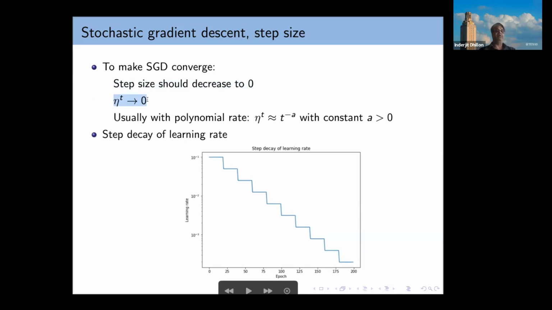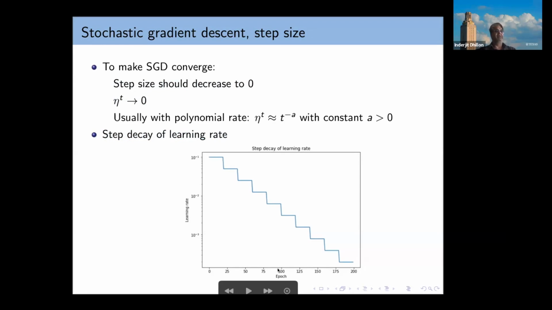Now, there are various ways of trying to decay the learning rate. Sometimes it is done with a polynomial rate. Sometimes it is done with a step decay. For example, here is a figure. On the x-axis is what's called an epoch, which just means how many times you are going over the training data. Remember that it's not like a gradient descent step.